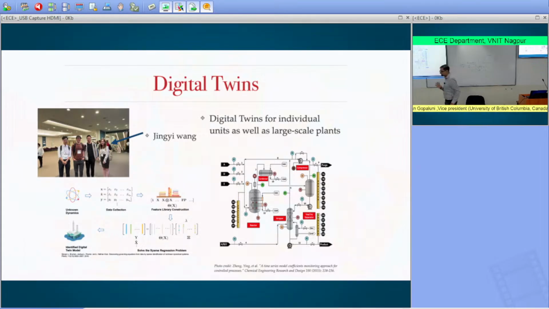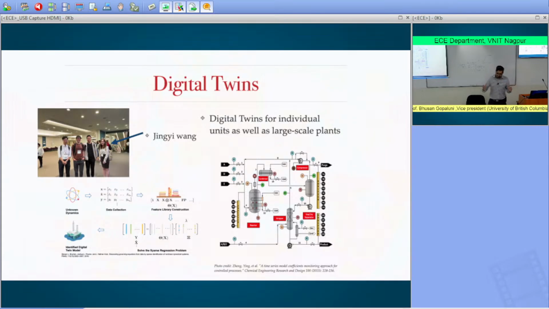There are jokes about digital twins being just models, right? There are people who would say, yeah, digital twins are essentially models with a new name, right? To some extent, that's probably true. But the way the phrase digital twins is being used, there's this subtle difference. That's the way I interpret it.